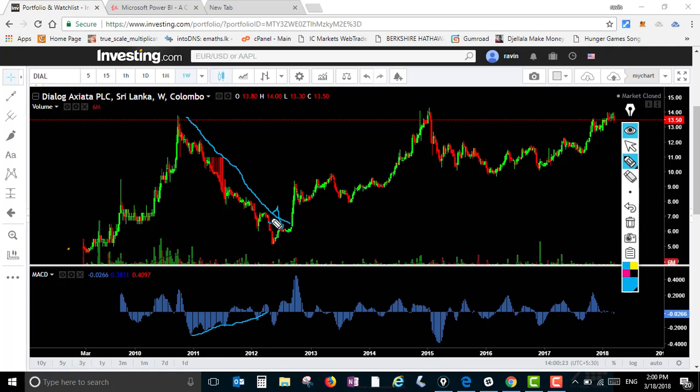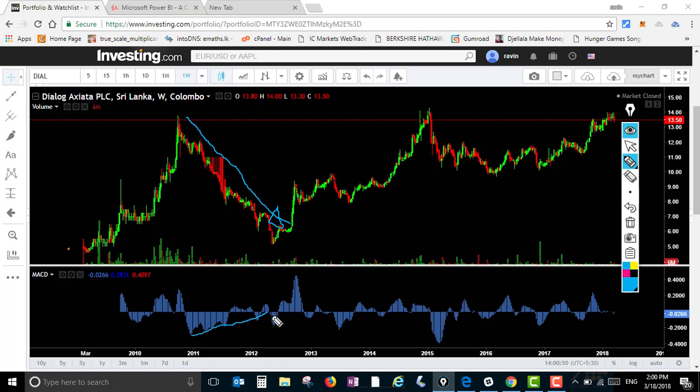We call it divergence. The basic thing you want to understand here is that if a divergence is developing, you have to expect a huge move in the future. MACD itself says there is a huge move coming, so you have to prepare to take that trade.